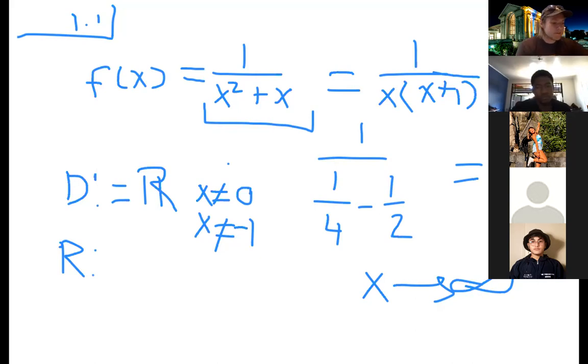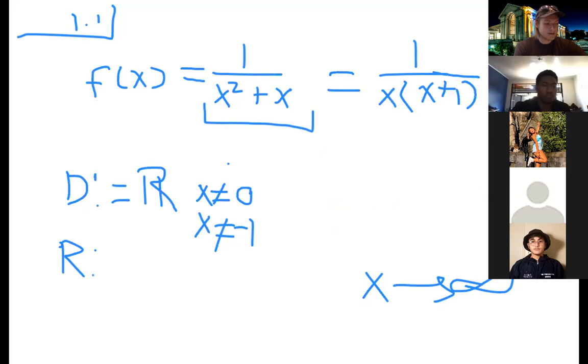Now, with that being said, the range can equal all numbers. How do I know what numbers to plug in to find the range? That's really good. It's guess and test, I guess. I'm just plugging in different values, but I'm also looking at the bottom right here, and I know that when I plug in a super small value for x, that's going to be a super small value in the bottom.